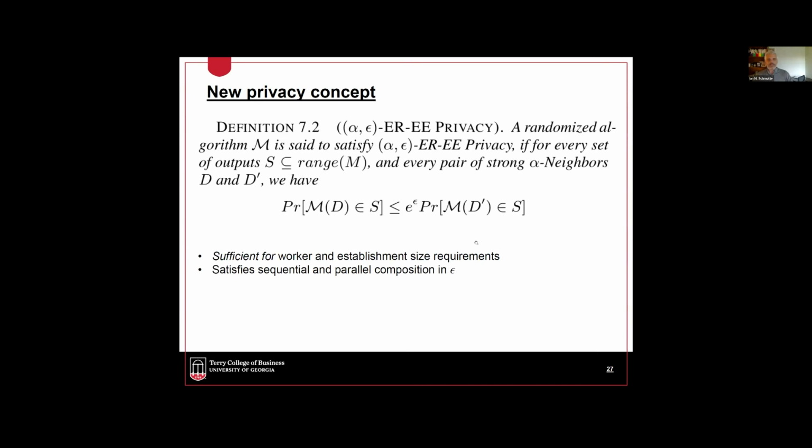This is sufficient for worker and establishment size requirements, and it's going to inherit all of the nice composition properties that we get from the standard differential privacy results. So the trick here is essentially to just define the neighboring databases in terms of exactly the quantities that need to be protected.